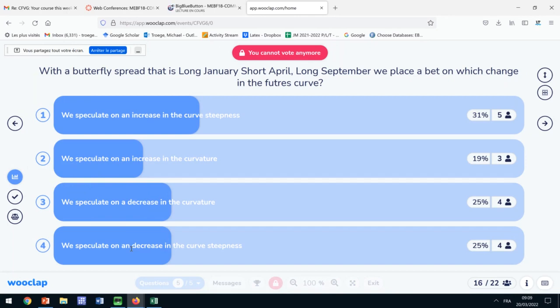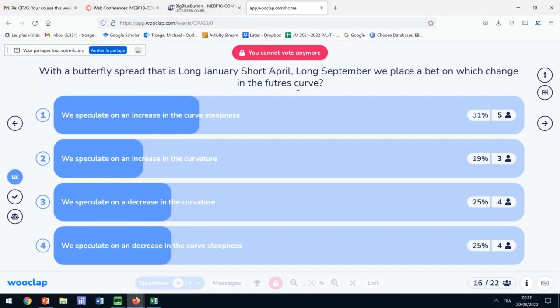Then we have two replies that refer to curvature. Now we have to figure out what we are long in and what we are short in. We are long January, short April, and long September, so we short the middle contract. Which means we place a bet on the middle contract decreasing more than the January and September contracts.